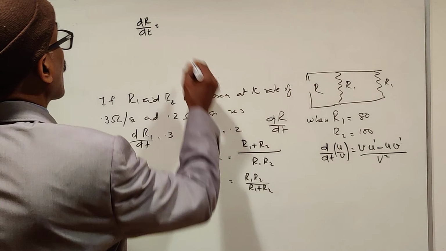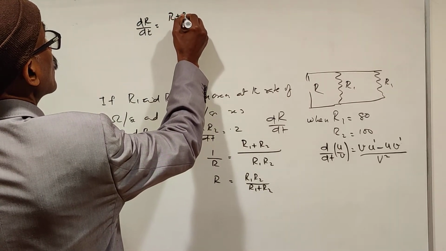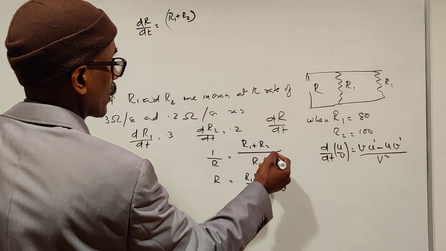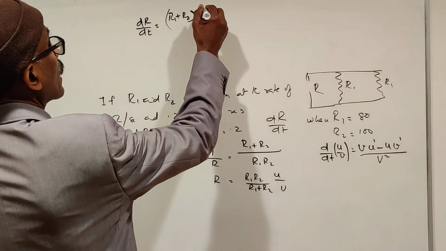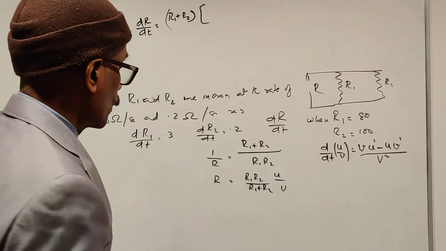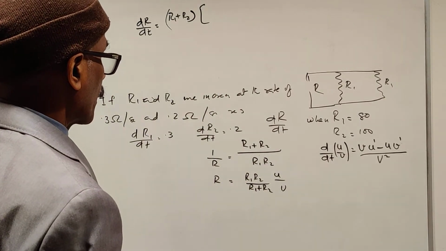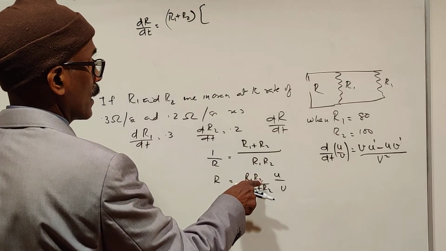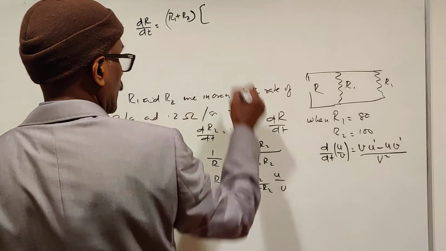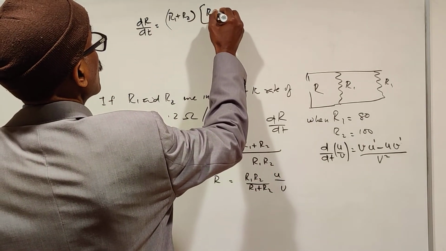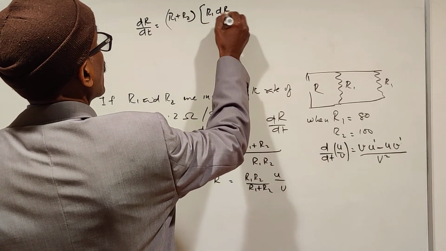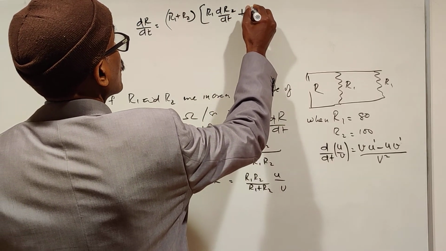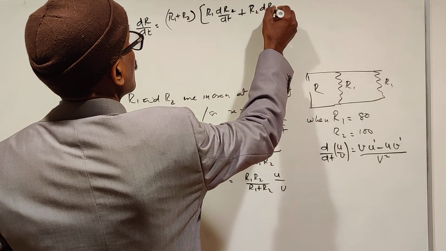So here R1 plus R2 is v, and the numerator is u. For the derivative of u, there are two variables here, so you need to apply the product rule. First one, R1 into dR2 by dt, plus R2 into dR1 by dt.